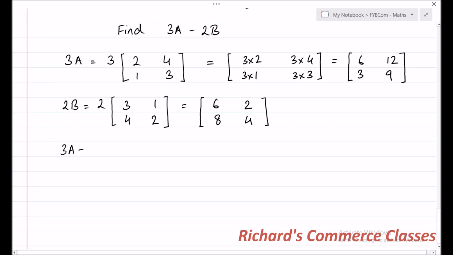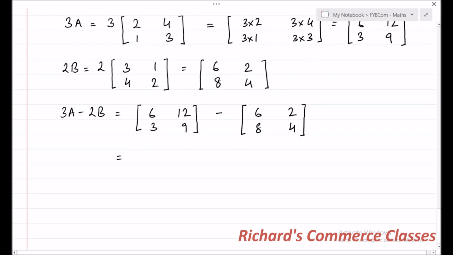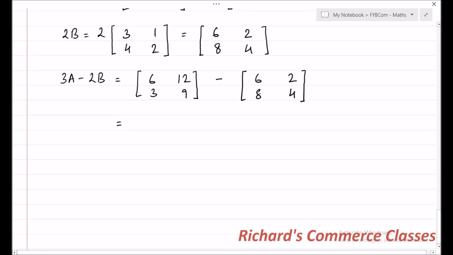3A minus 2B will be equal to 3A matrix, the value is 6, 12, 3, 9, minus 2B is 6, 2, 8, 4. Again, subtraction between corresponding elements.